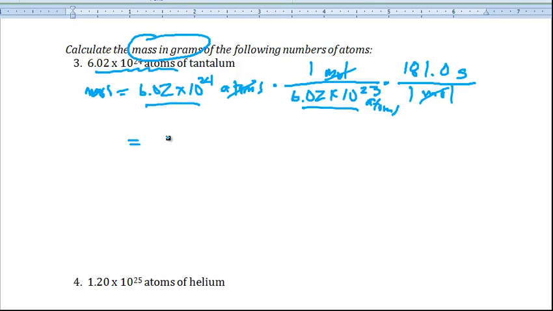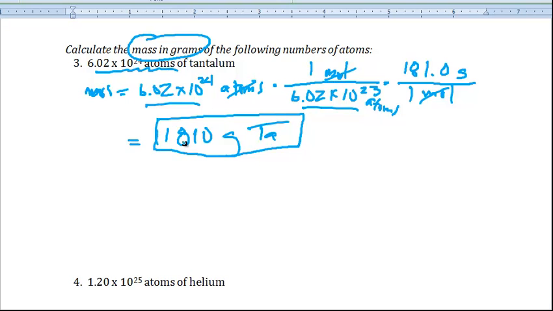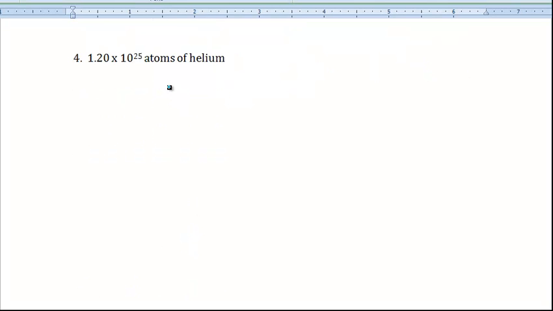So the mass of that many atoms of tantalum is 1,810 grams. I'm trying to be conscientious about the number of significant figures. We were only given 3 significant figures in the problem, so 3 significant figures in the answer. So 1810 grams.